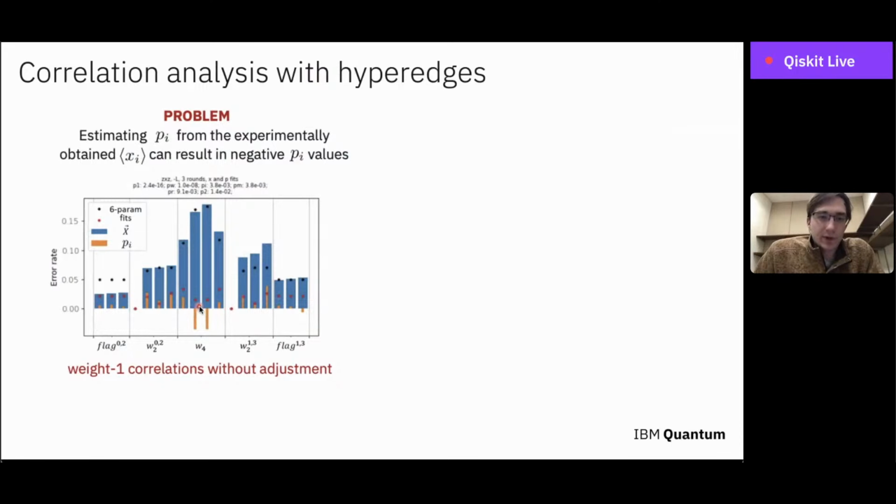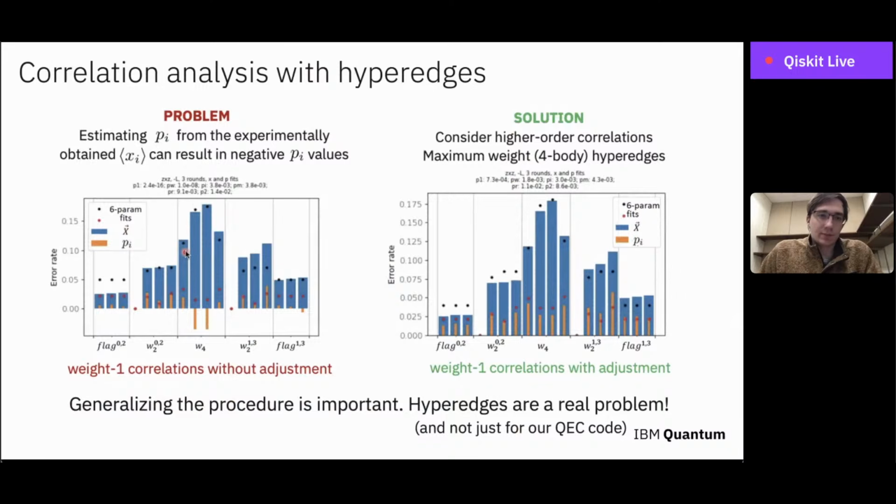And if you do this without taking into account the larger size hyper edges, then you end up with negative probabilities here. So I think piece of I is the probability you get out of the correlation analysis, and then the other value is the expectation value of x. Okay. And then there are some analytical values, which are the points.